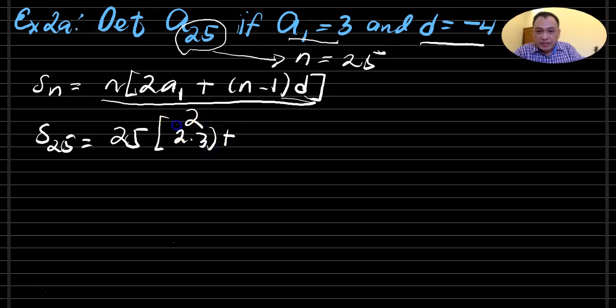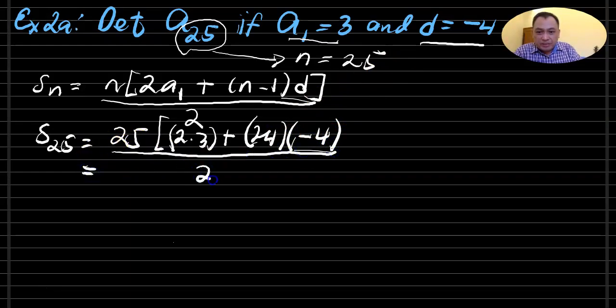That's 2 times 3, not 2.3. Plus 25 minus 1 is 24, and 24 multiplied by our difference, which is negative 4. Let's not forget that it's divided by 2. Let's divide that. Let's cancel this out, and that's going to become 12.5.